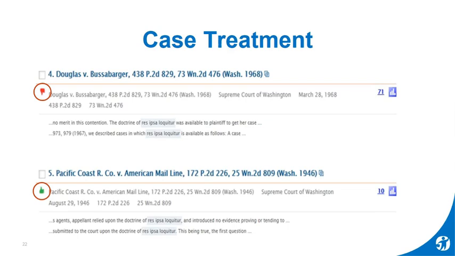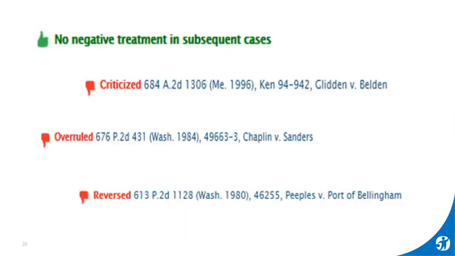It also gives you some indication of treatment of the case. Here we have a case that looks like bad law, and here we have a case that looks like good law. Lexis has many of their little symbols and what those symbols mean. Casemaker is a little bit simpler of a product, but it has these 4 different things.